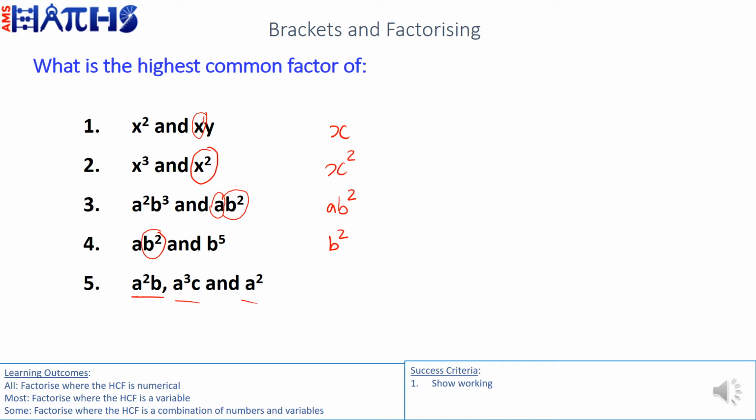So we have a squared here, we have a squared here, and we have a cubed here. So the smallest power of the terms is a squared, so it therefore means that our highest common factor is a squared.